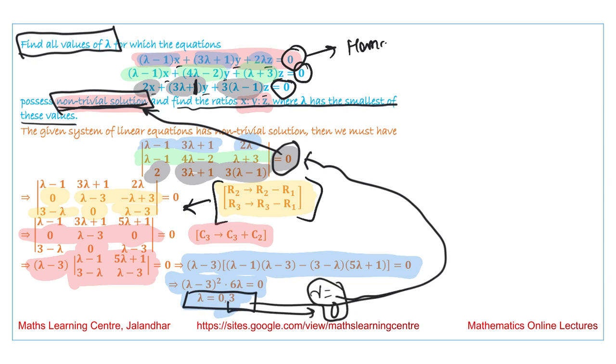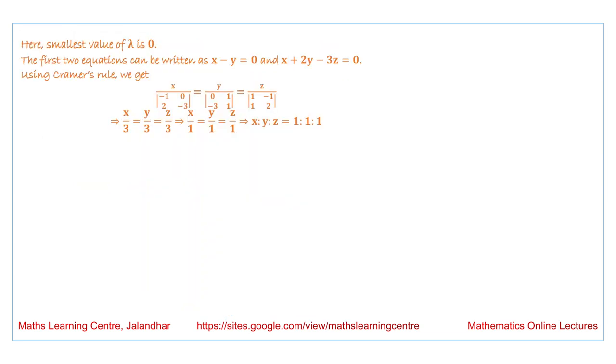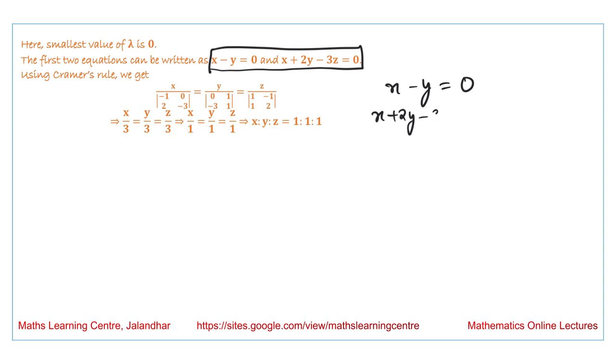So when we substitute lambda equal to 0 in these equations, the first two equations will come in this form: x minus y is equal to 0, x plus 2y minus 3z is equal to 0.